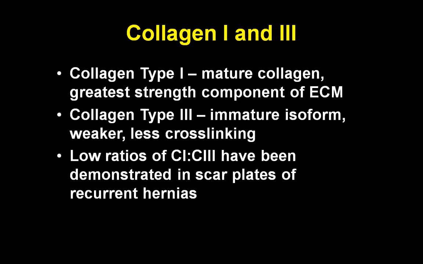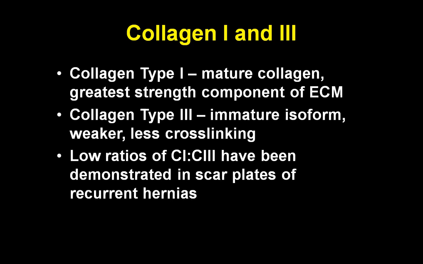Now you have to know a bit about collagen 1 and 3. Collagen type 1 is mature collagen. It has great strength and is a component of extracellular matrix. So collagen type 1 is good collagen. Collagen type 3 is an immature, weak isoform with less cross-linking.